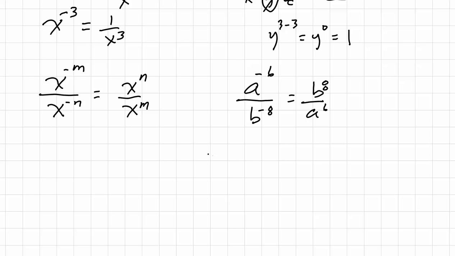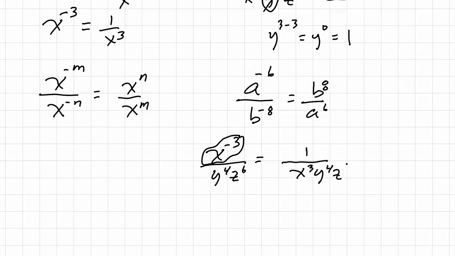Now you want to be careful. Let's say we have x to the minus 3 over y to the 4th, z to the 6th. All we need to do is move the exponent that has a negative. We leave everything else where it stands. So this becomes 1 over x cubed y to the 4th, z to the 6th.